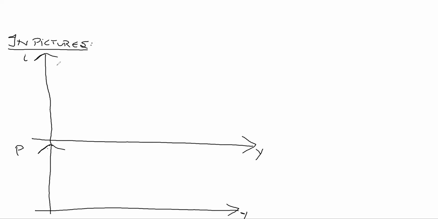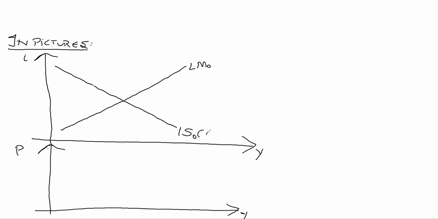Okay. Initial IS curve, initial LM curve. IS curve is drawn for a given level of autonomous expenditure. LM curve is drawn for a given level of real money supply. This is the initial equilibrium level of output demanded in the economy.